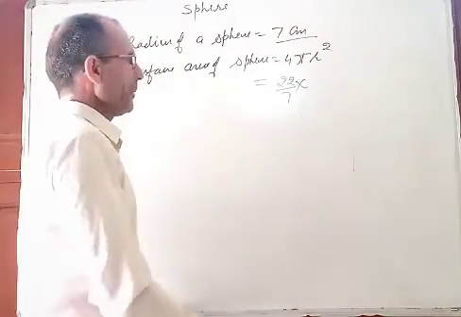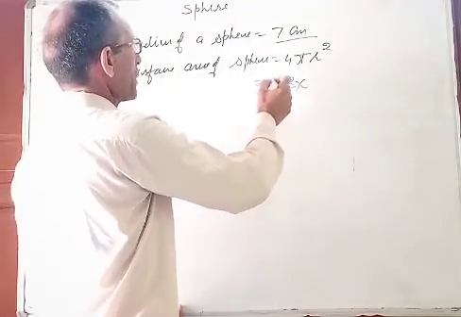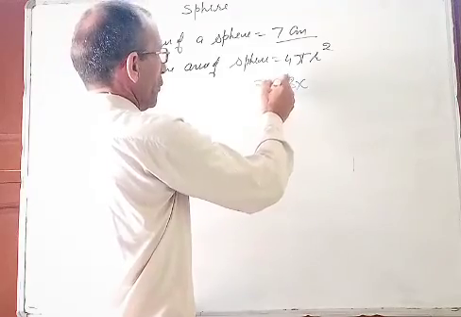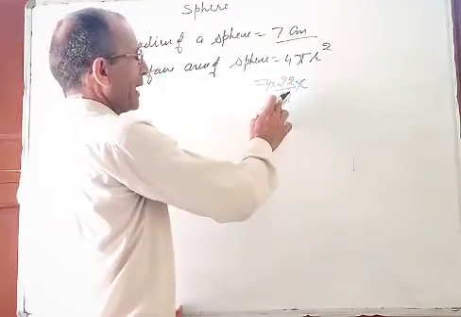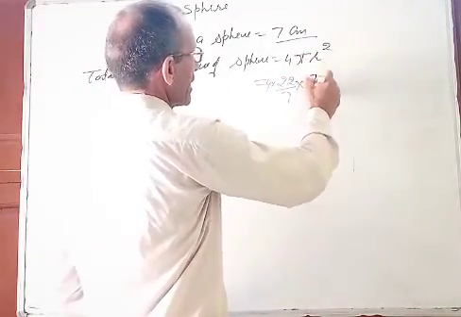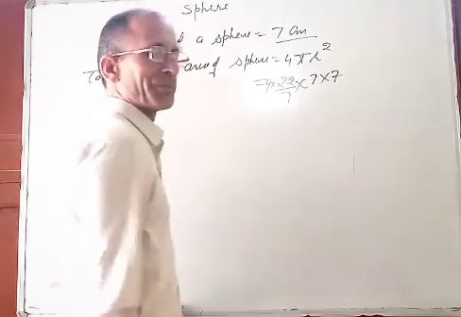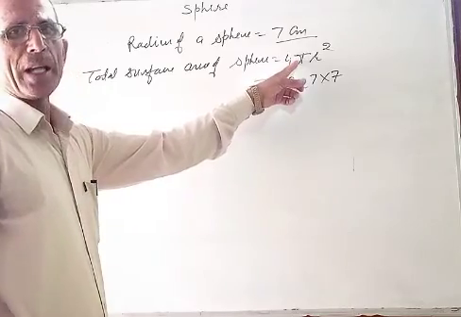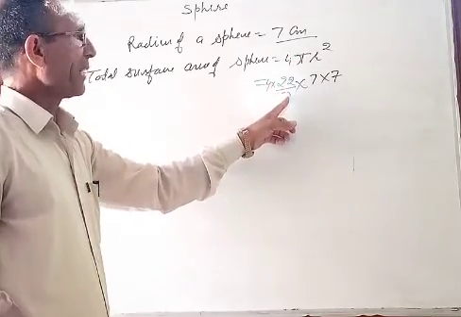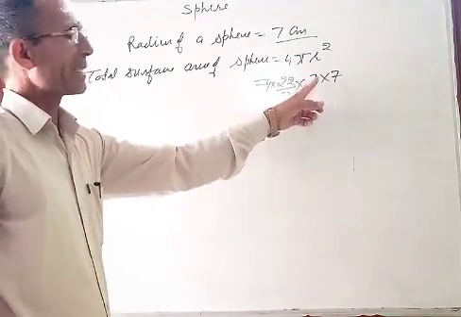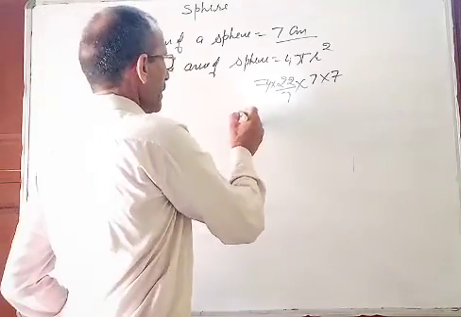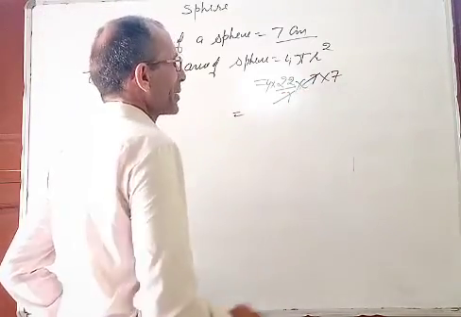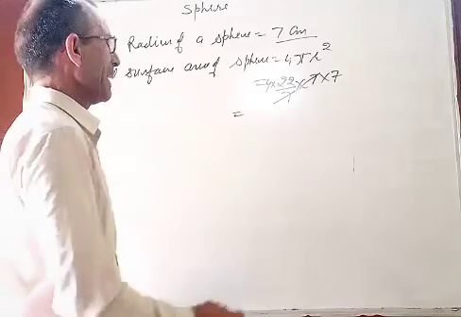Sorry, the total surface area of a sphere is 4 pi r square. So 4, the value of pi 22 by 7, radius is 7 into 7. Understood? Area of sphere 4 pi r square. Value of pi 22 by 7 multiplied by 7 multiplied by 7. So 7 cancels with 7. Now multiply them.